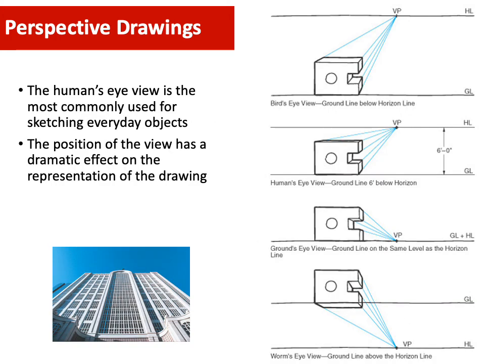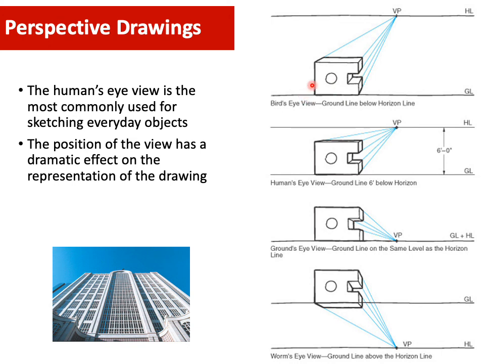Go to the next slides. As I said, the human eye view is the most commonly used for sketching everyday objects. The position of the view has a dramatic effect on the representation of your drawing. So there are different types of views.